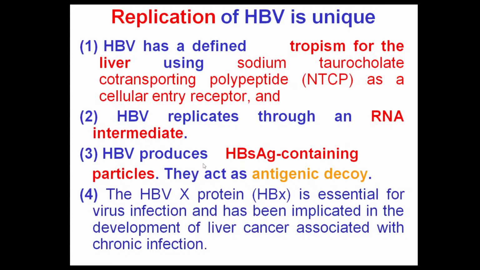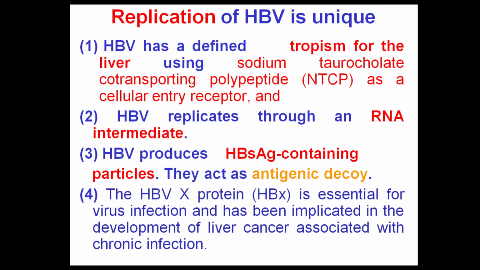Hepatitis B has a defined tropism for the liver. Why is it so? Because now the specific receptor is found, called sodium taurocholate co-transporting polypeptide, and it is used as a cellular receptor.